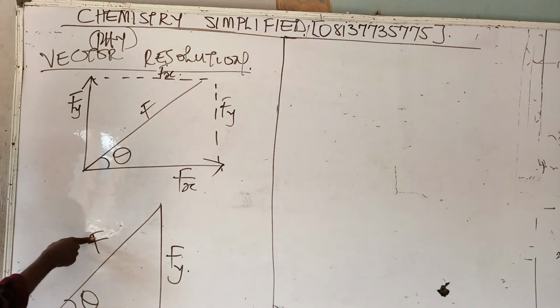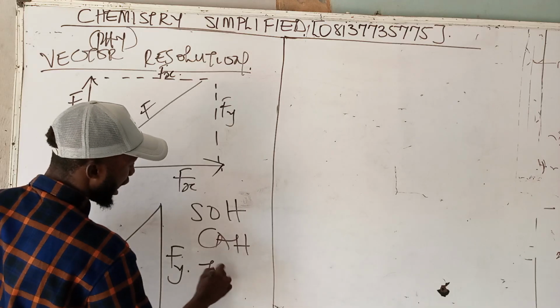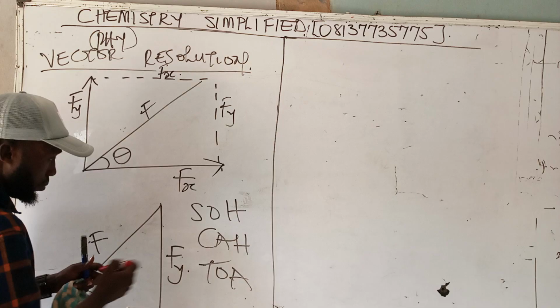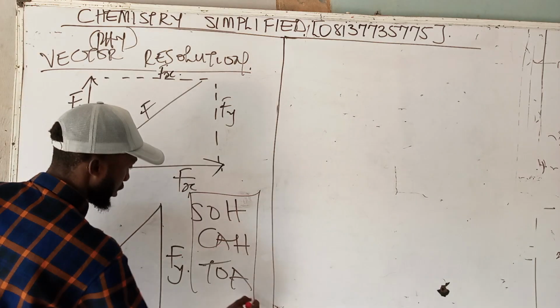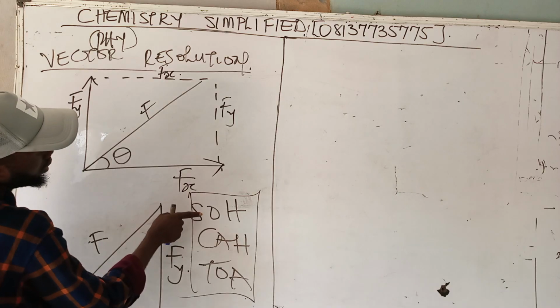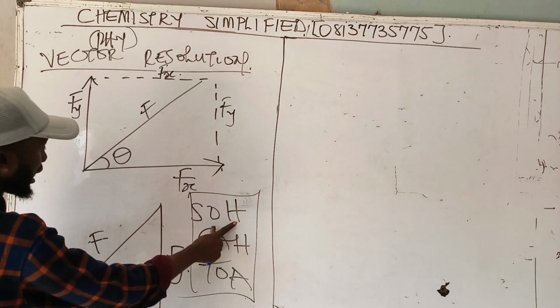If you want to resolve this force vertically, you have to look for what joins this F and this Fy together in our trig ratio. We have SOH, we have CAH, and we have TOA. I believe you remember this from your mathematics in primary school. SOH represents sin theta equals opposite over hypotenuse.